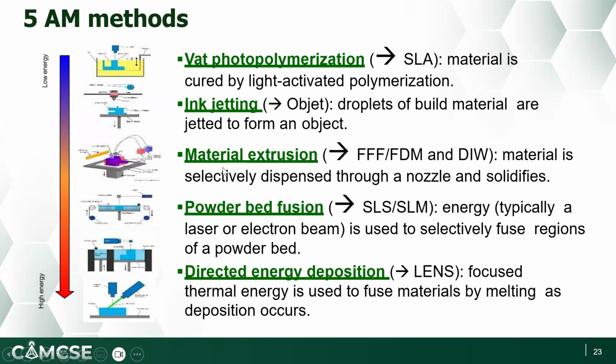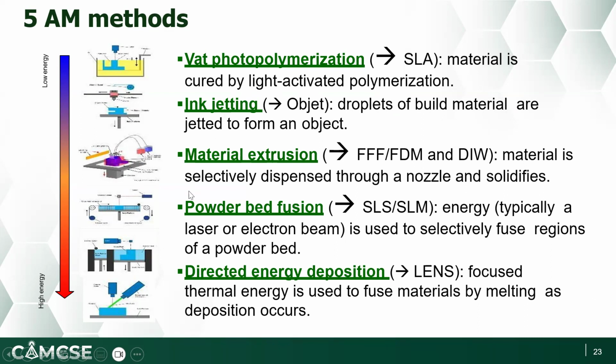The third technology is the material extrusion-based technology, which you can find in widespread use, such as FDM, fused deposition modeling, and direct ink writing. And the last 2 technologies are called powder bed fusion and directed energy deposition. These 2 technologies are the 2 most common methods for metal 3D printing.